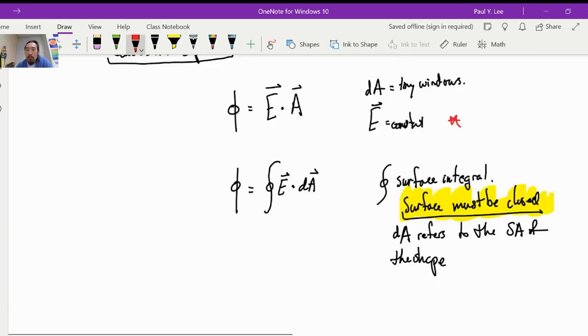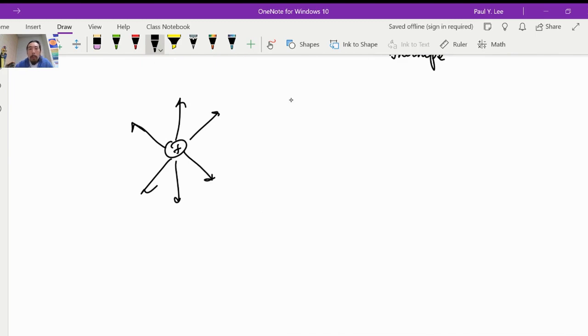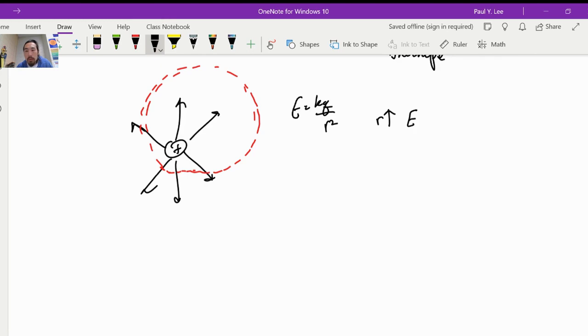Now, to give you a better example of when that is not the case, let's do the same kind of situation. We have a positive charge, right? Some field lines, okay? But see what happens when I make the Gaussian sphere, like so. All right, so here's my Gaussian sphere. According to the formula, E equals KQ over R squared, the bigger or further away your radial distance, the smaller your E field gets.